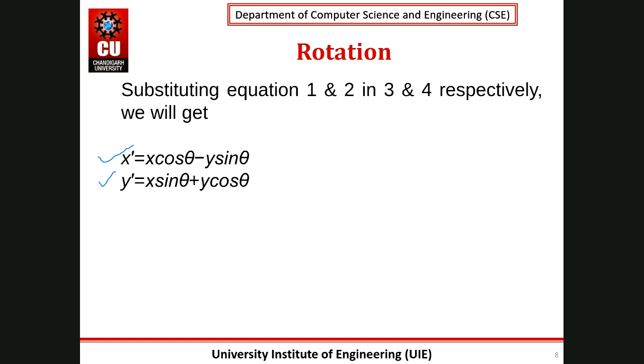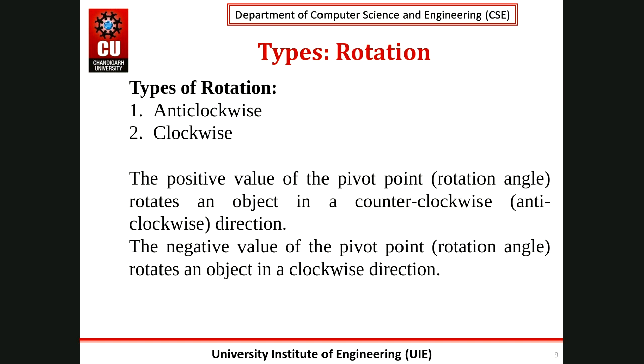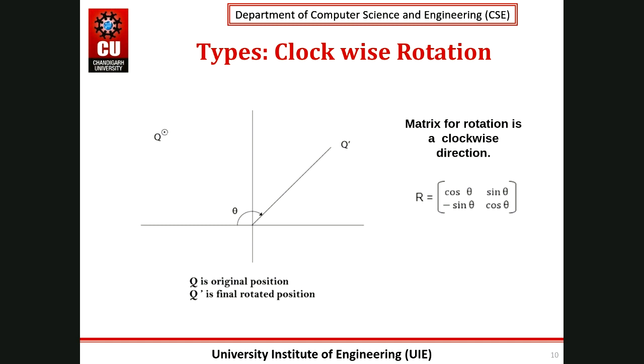I hope you remember these two equations. On the basis of these two equations we can determine whether the theta angle is positive or negative. There are two types of rotation: one is anti-clockwise and one is clockwise. For the anti-clockwise rotation, the rotation matrix will be this one. You just have to remember the equation.